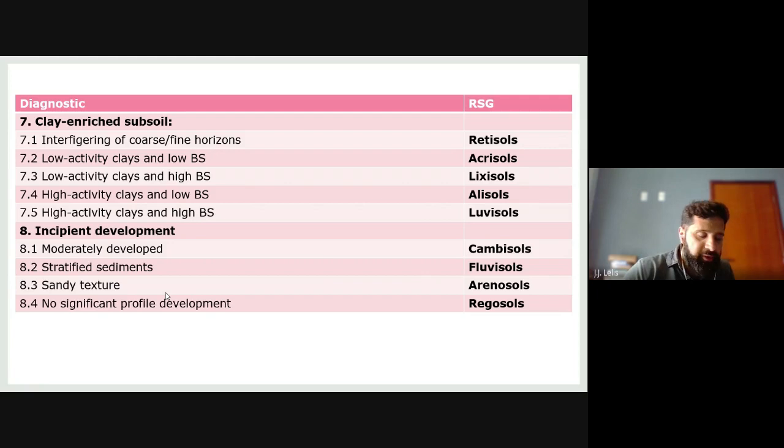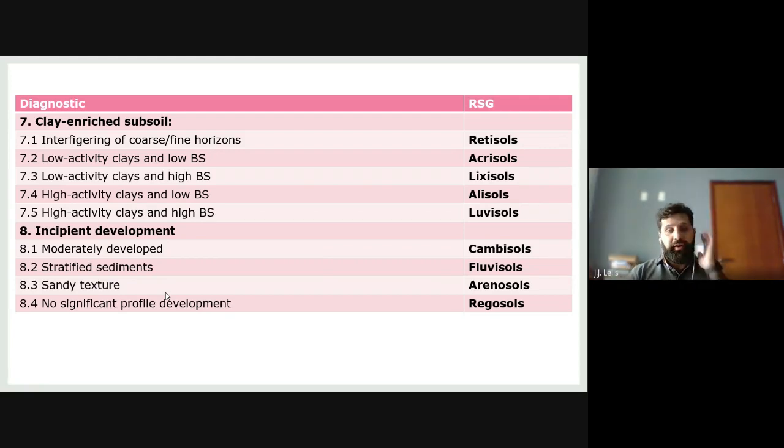And last but not least, we have some soils that do not present a significant profile development. So they are very general soils in which we cannot see a specific soil formation process. We cannot see any kind of specific structure or diagnostic material that can help us to classify the soil. They are classified as Regosols.